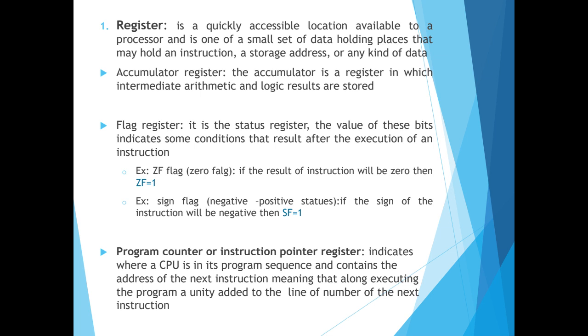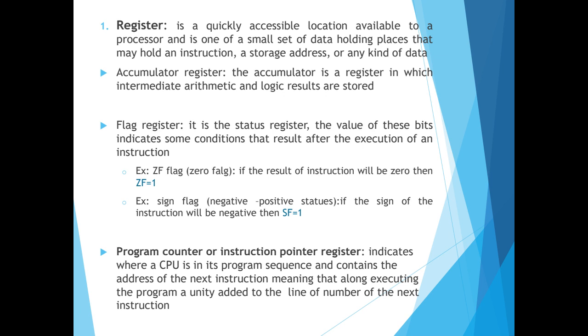It can hold an instruction, a storage address, or any kind of data. Then it is a location for storing the instruction, address, or any kind of data. There are different types of registers inside our CPU.